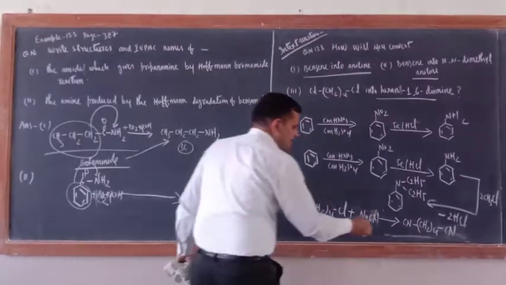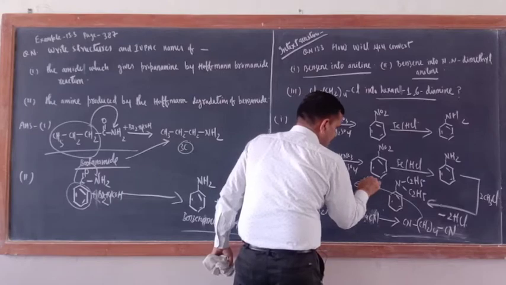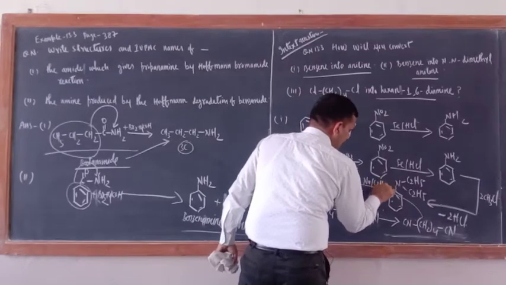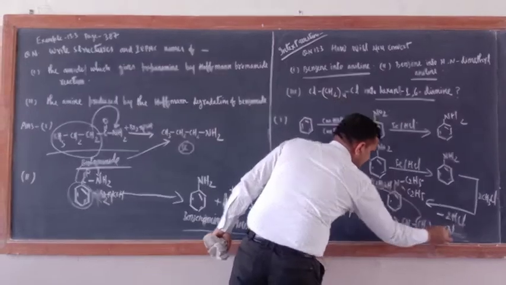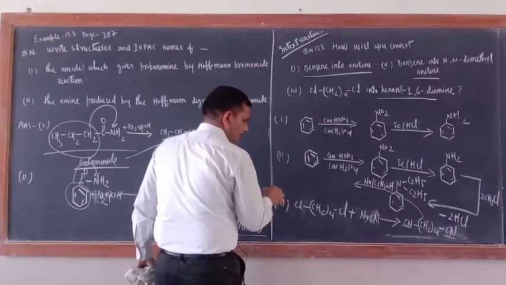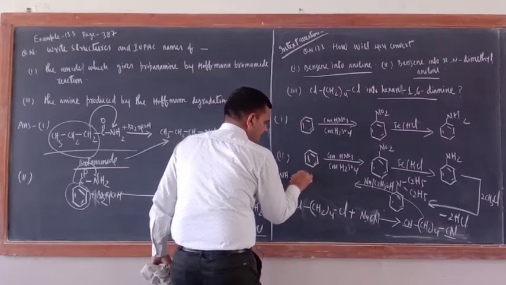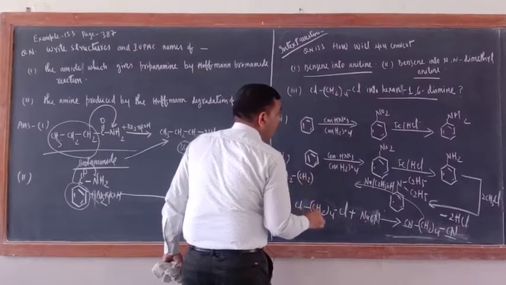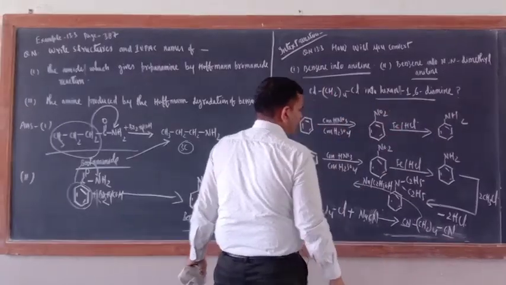Now if CN is subjected to reduction in presence of Na/C2H5OH, these groups, CN and CN, will be converted into NH2. So the product is NH2 CH2 whole 4 NH2. What is the name of this one? Hexane-1,6-diamine.